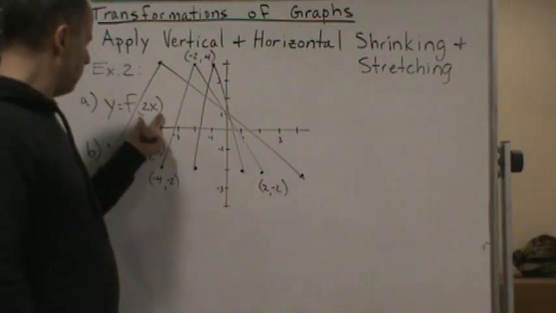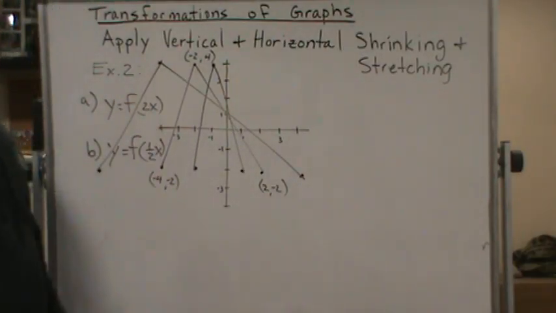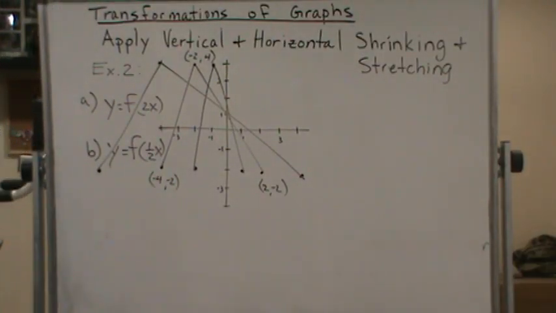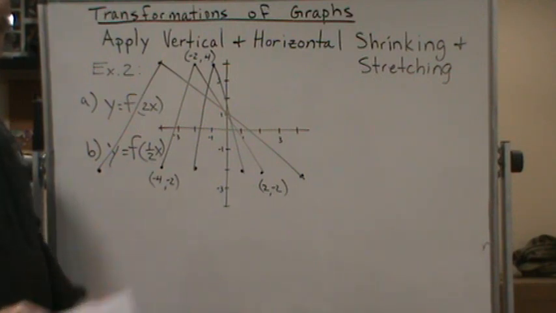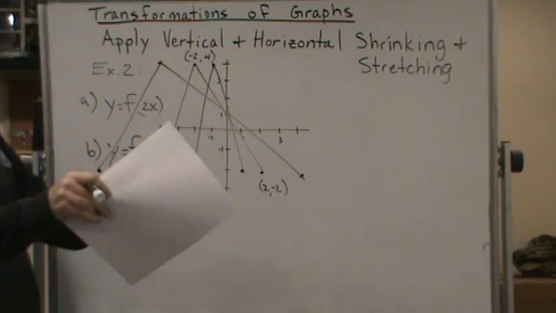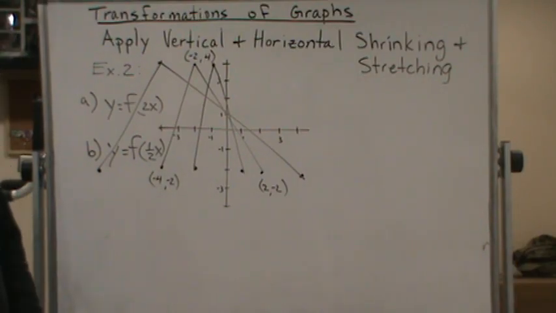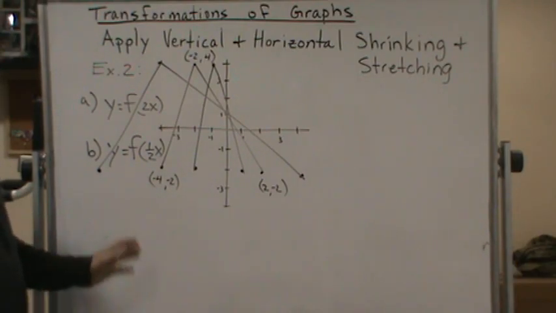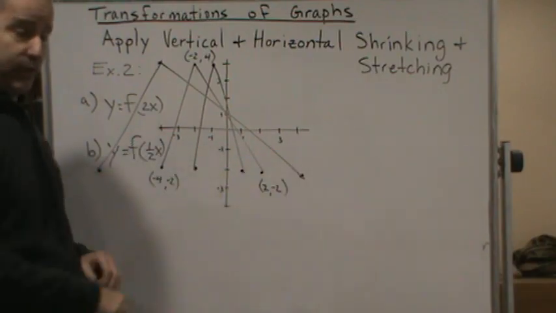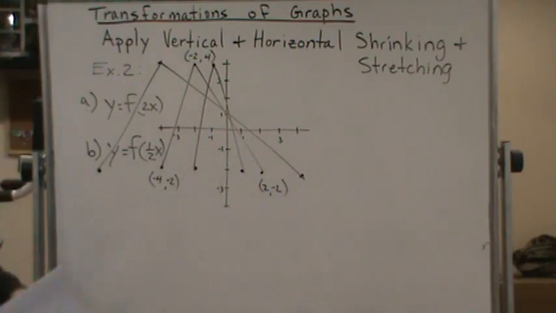So when we multiply inside by a positive number bigger than 1, we got a horizontal shrinking or horizontal compression. When we multiply by a factor that's less than 1 but bigger than 0, we got a horizontal stretching. All right. Have a great day.